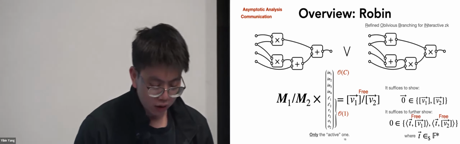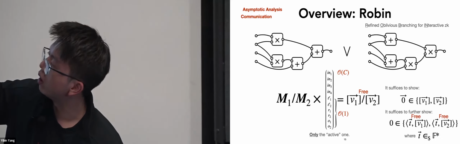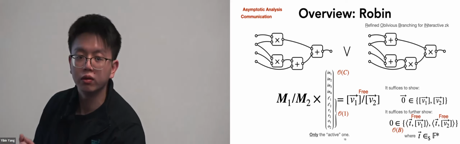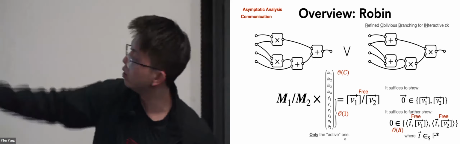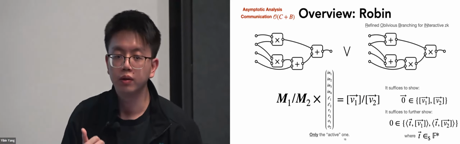And finally, when you take this matrix to calculate V1 and V2, you only have linear operations, so this is free in communication. You have linear homomorphism. And essentially, finally, you just need to prove that this 0 belongs to these two commitments of elements. What do you do? You just multiply it and show it's 0. Right, so this is just order B. So the entire communication is just order C plus B.